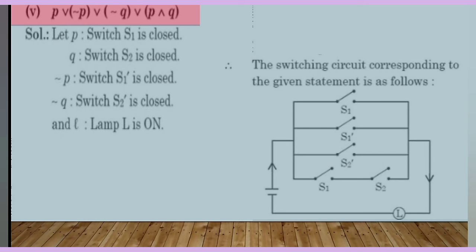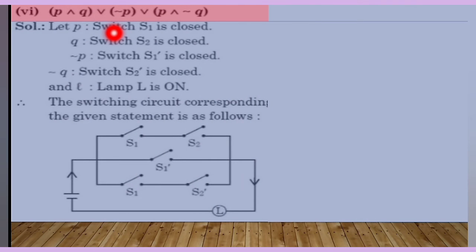Next question is: P and Q or negation P or P and negation Q. Solution: write down P, Q, negation P, negation Q, and L, lamp is on. The switching circuit corresponding to the given statement is as follows.